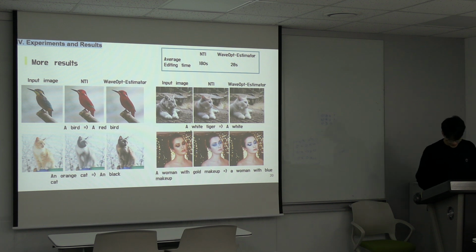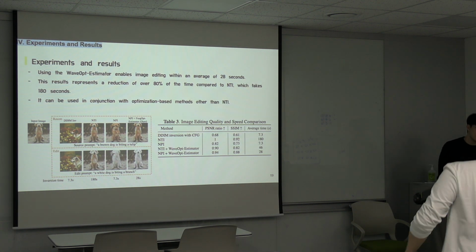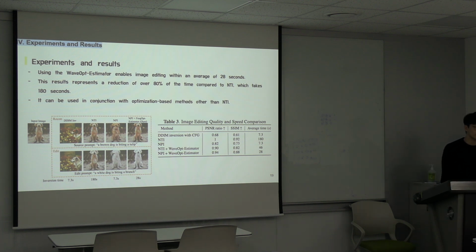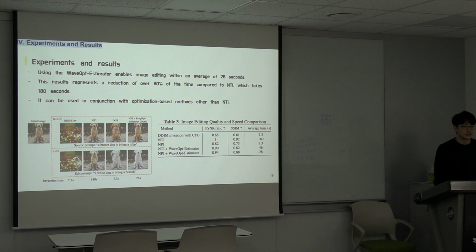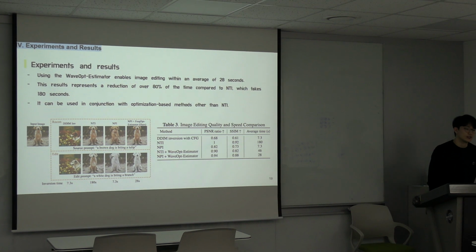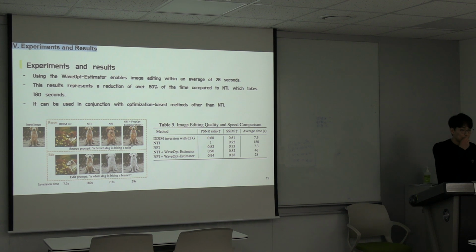So I have a question. Your method is based on NTI, and then you somehow predict the time step, or you just run to a certain time step, not until the end, and you train a model to predict that optimal stopping time step. So my question is, where do you get the ground-truth time step for training the model?